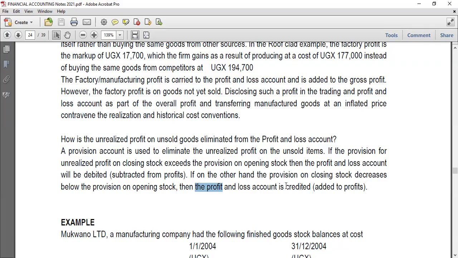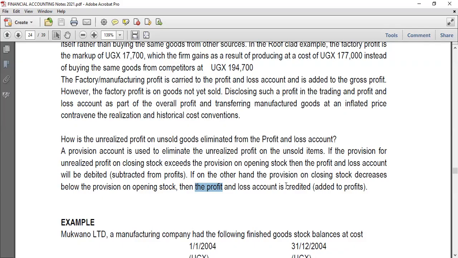And we are saying, if the unrealized profit on closing inventory is higher than that on the opening inventory, then we should debit our account. It's basically we have more unrealized profit at the end of the year than what we started with, okay? So we should debit our account.